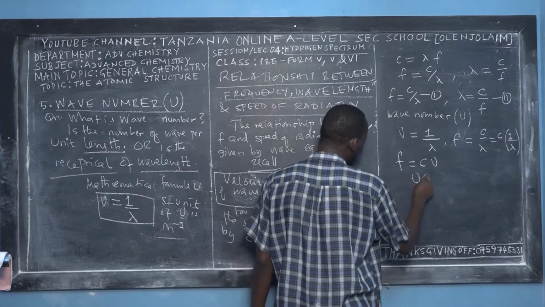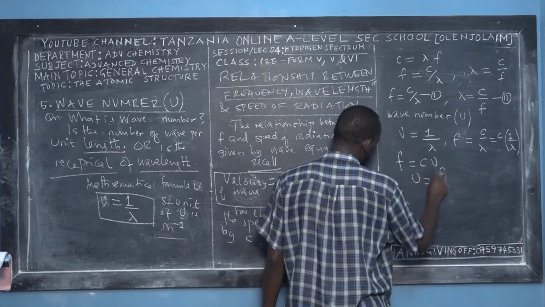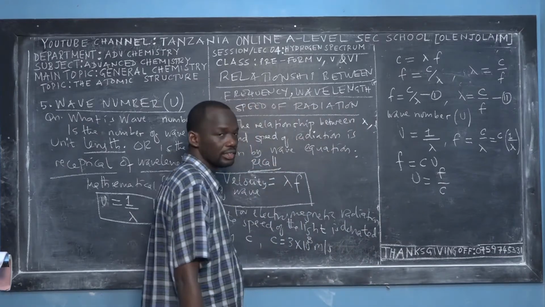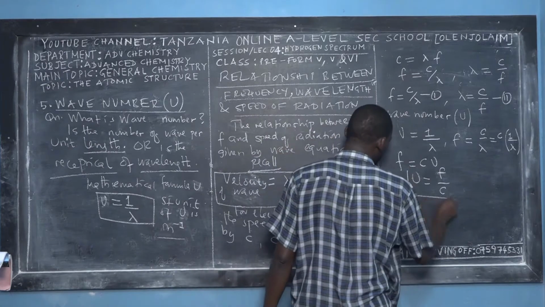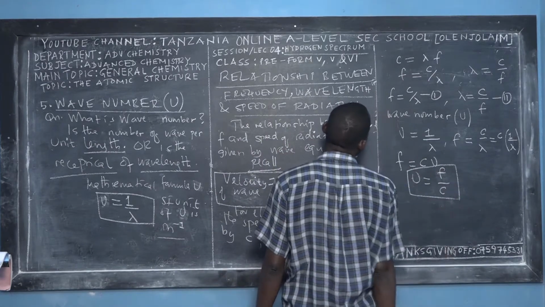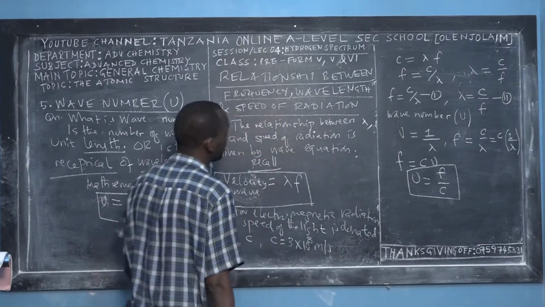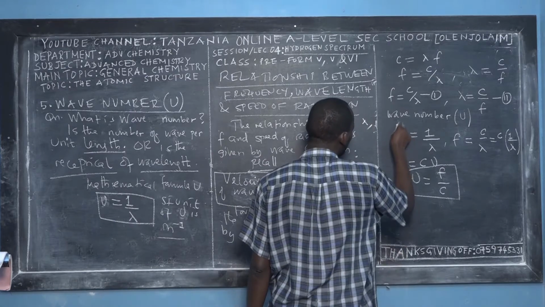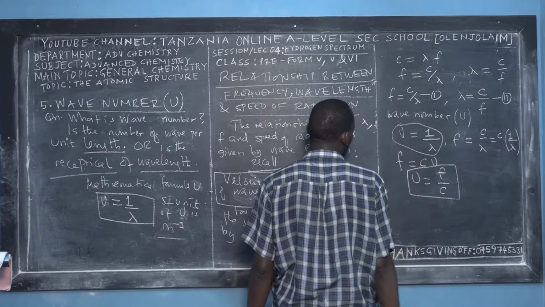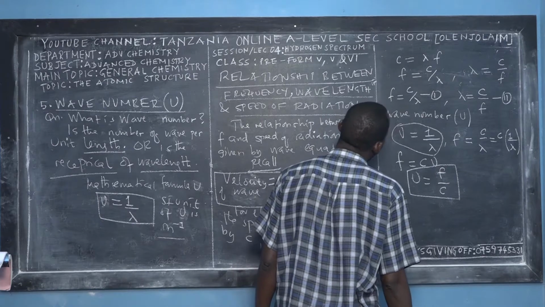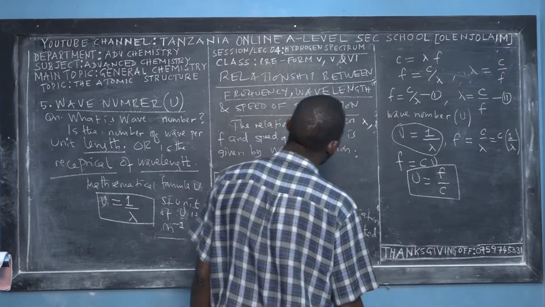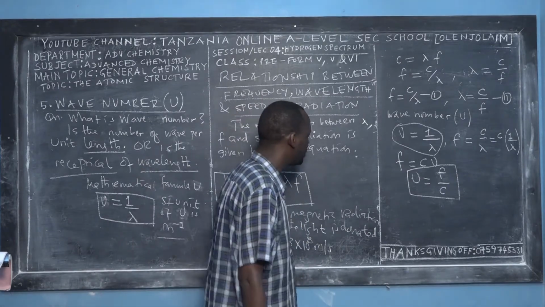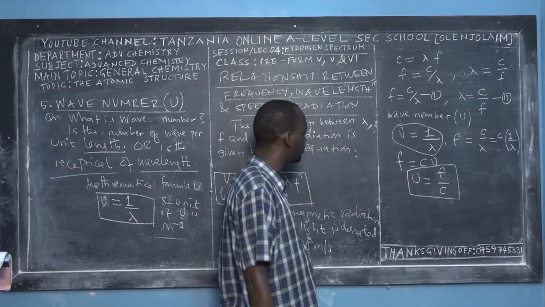So if you have the frequency, you can take the frequency over the speed of the light. This is the formula for finding the wave number. Equation 1 and equation 2 are very important, even this one is very important. So we can express the wave number in terms of wavelength and in terms of frequency.